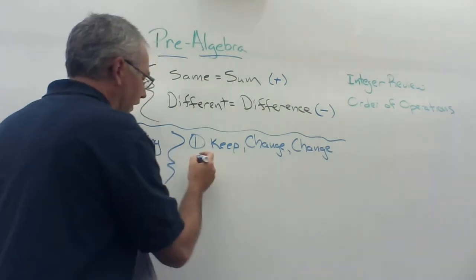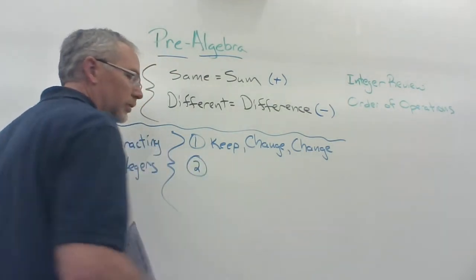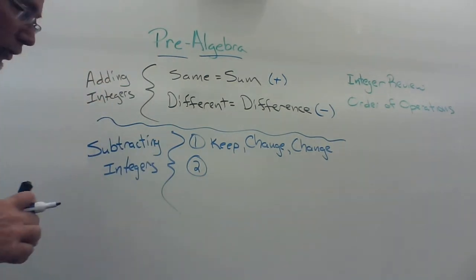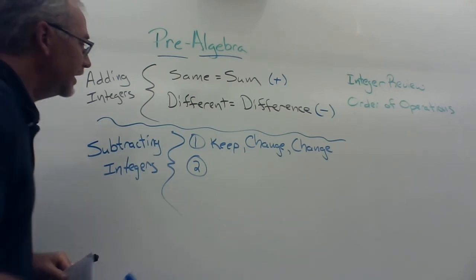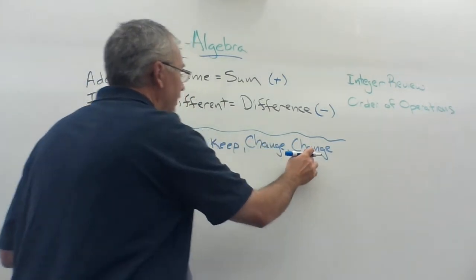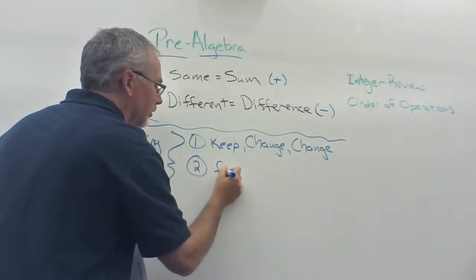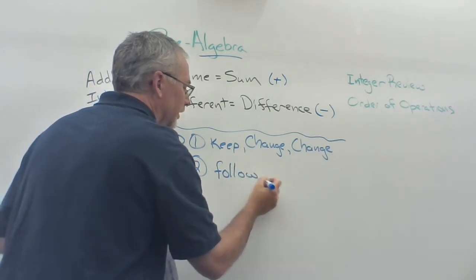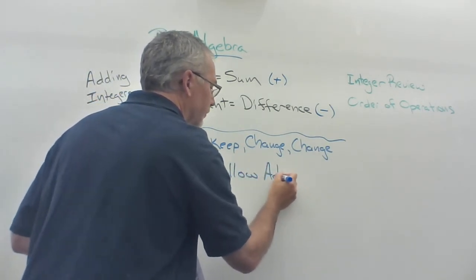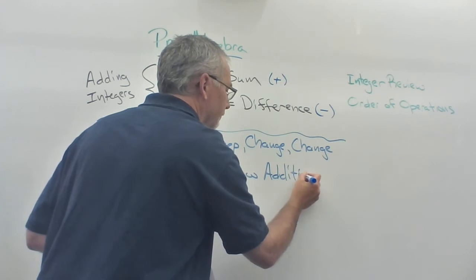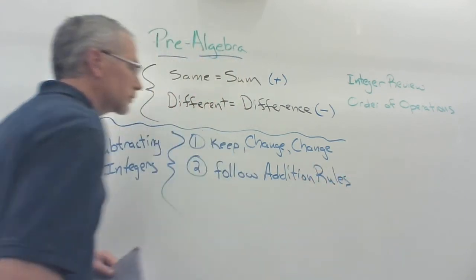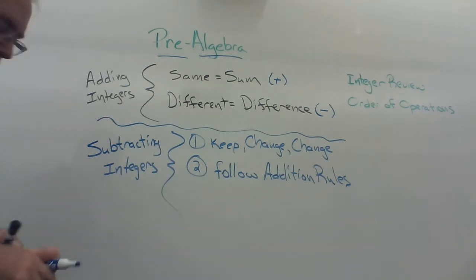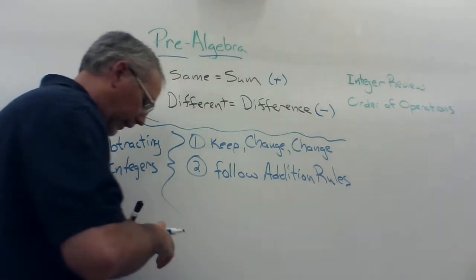But once we start to work through these, it will make a little bit more sense to you, and you'll be able to decipher some of that. The second thing is after I've done that, then I follow addition rules. Okay, so let's go by example through that real quick.